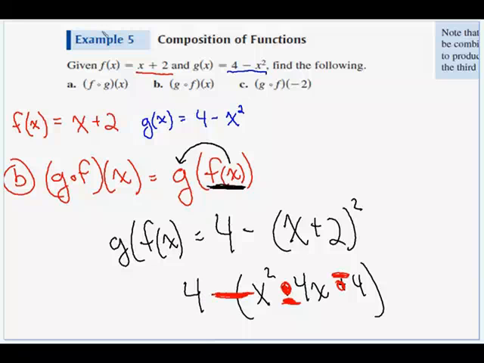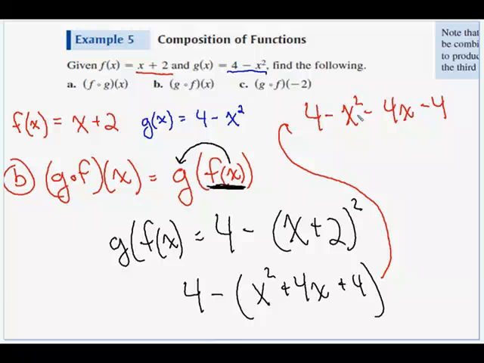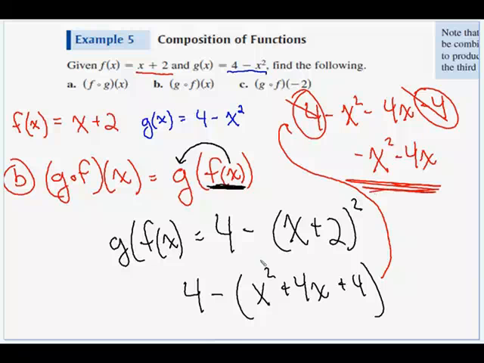Let me just do this right. 4 minus x squared minus 4x minus 4. I just distributed the negative, and now I can collect like terms. We'll have our squared term first, negative x squared minus 4x, and then we have a plus 4 and a minus 4, which cancel. So there's our final answer, negative x squared minus 4x.